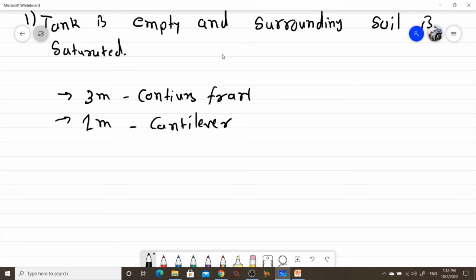Okay, so first we start with the 3 meter. Find out the pressure at depth capital H minus small h.